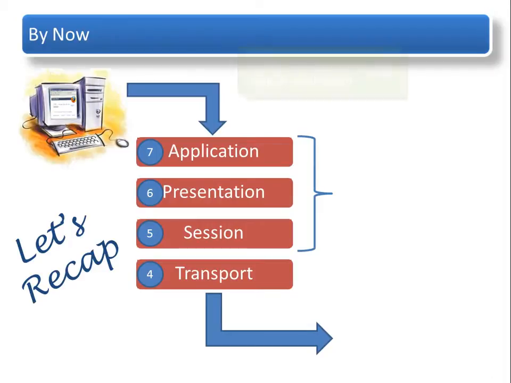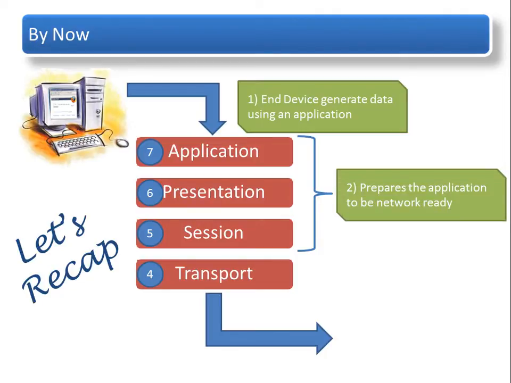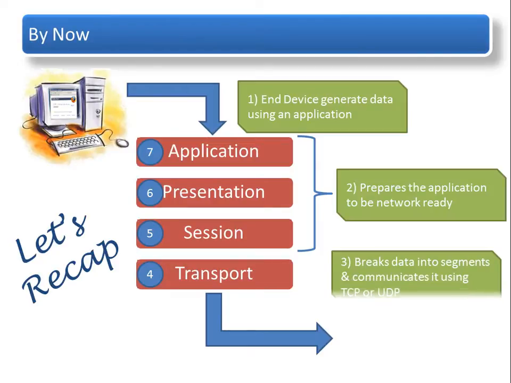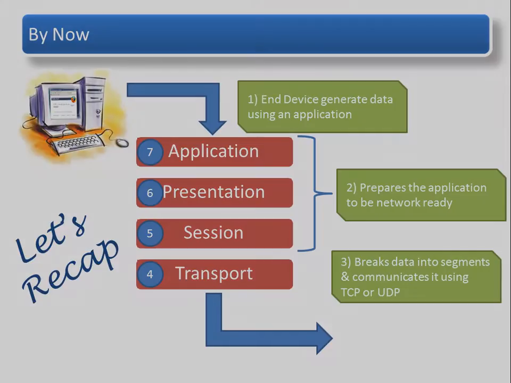Let's recap. The application layer acts as an interface between the user and the networks used to conduct the conversation. The presentation layer converts the message of the conversation into data. When the transport layer receives the data, it breaks it down into segments. Now that these bits of data are processed into a transportable size and numbered for reliability, the network layer can deliver them.